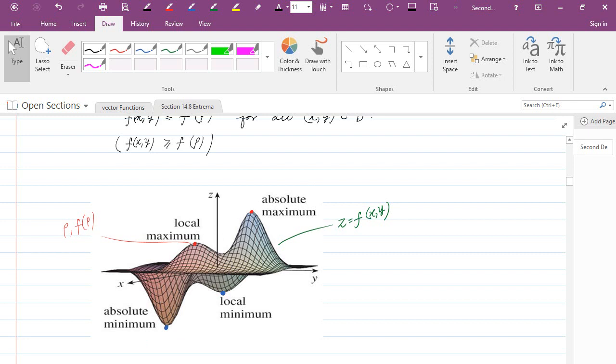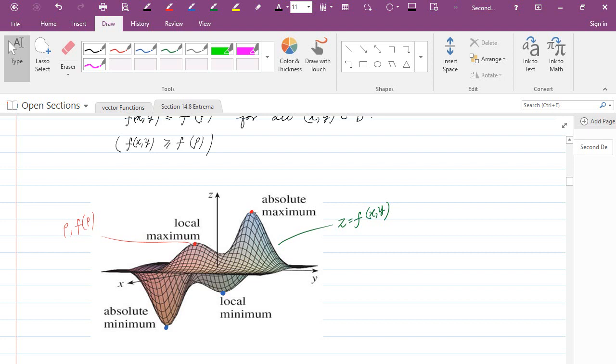So why is this a local maximum? Well, we can take a very small piece of the graph centered at this point, where this point is the highest point on that piece.